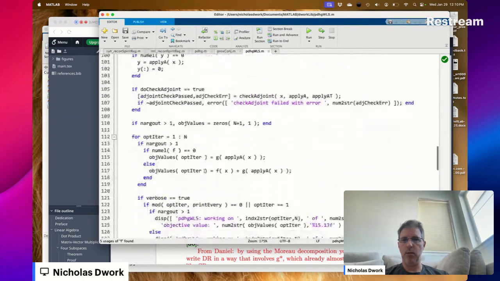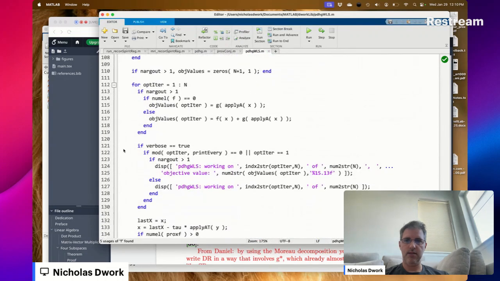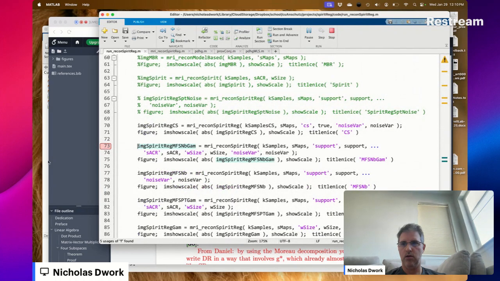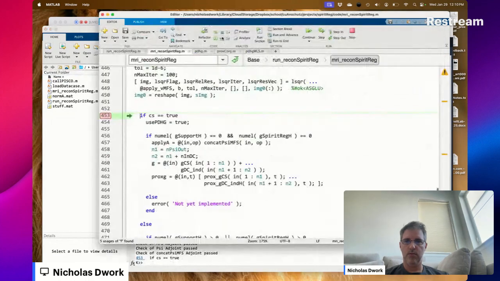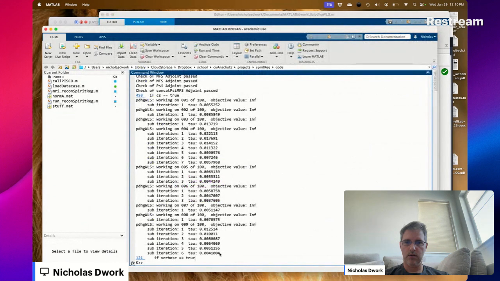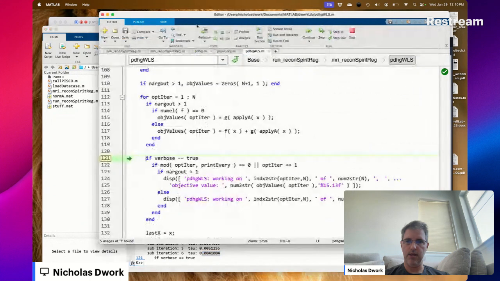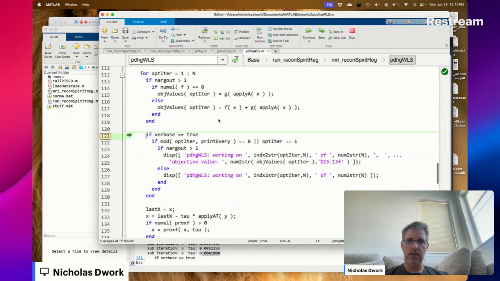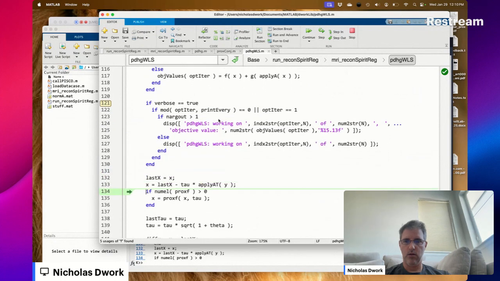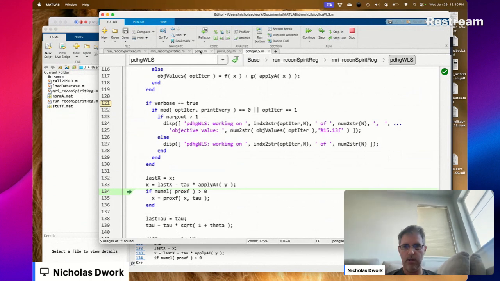What is sigma for iteration like 10 with line search? Tau is 4 times 10 to the negative 3. So what is sigma? Let's find out. Wait, what?